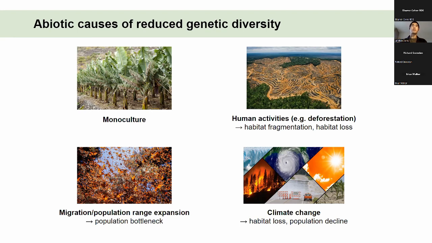And those factors are what we can observe easily. But there are also some hidden players that can cause reduced genetic diversity, and they are not easy to be spotted.